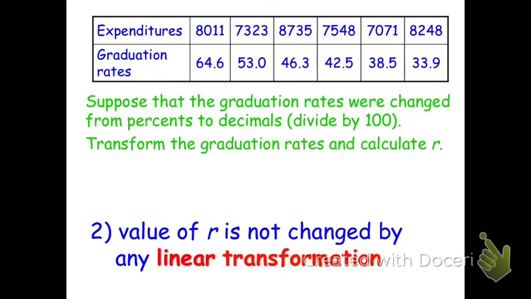So we say that the value of R is not changed by a linear transformation. That means I'm going to write add, subtract, multiply, divide.